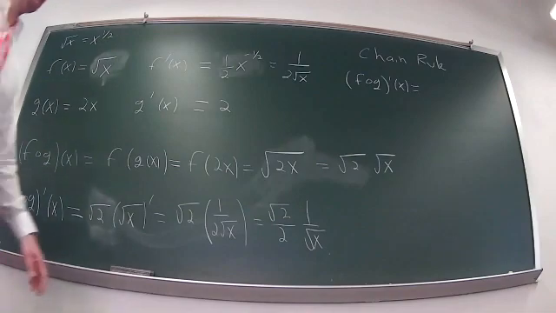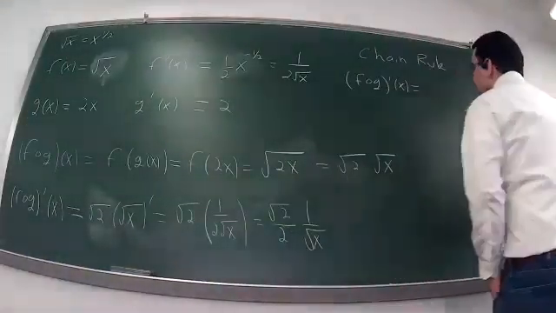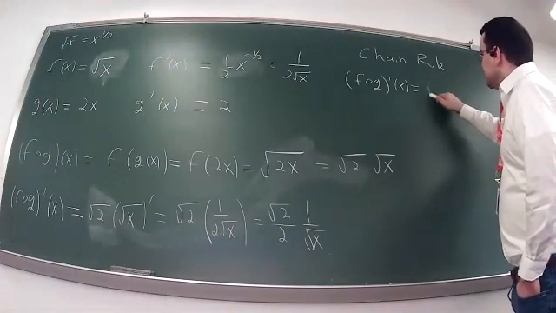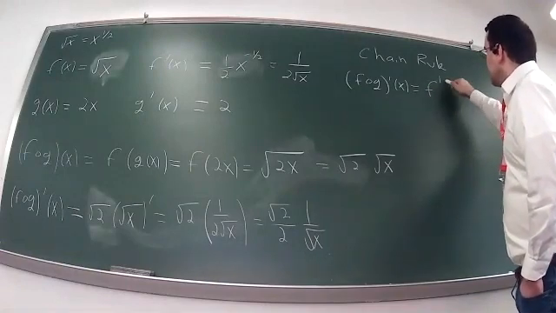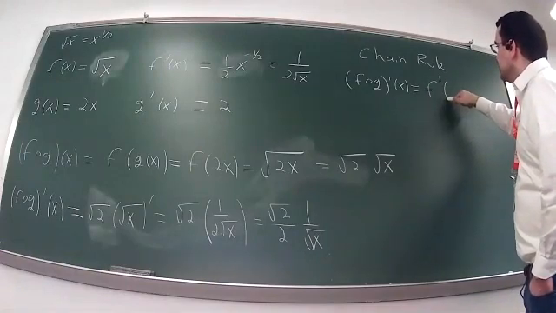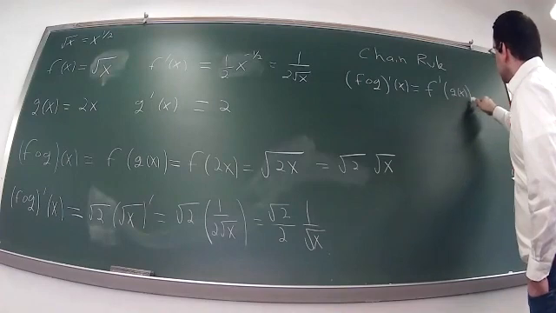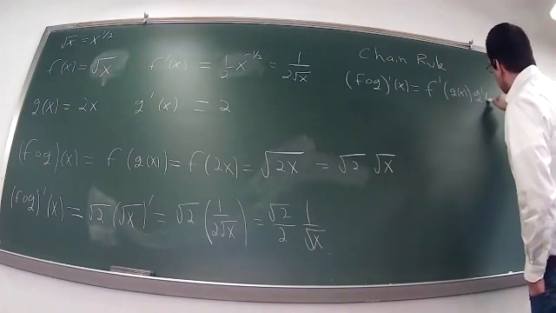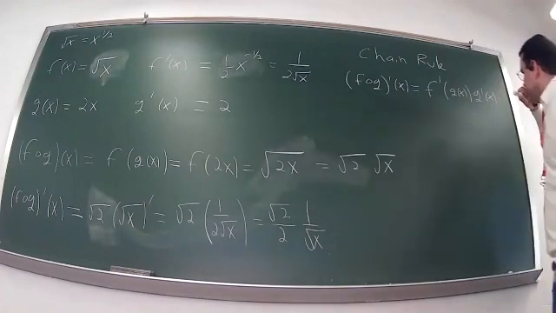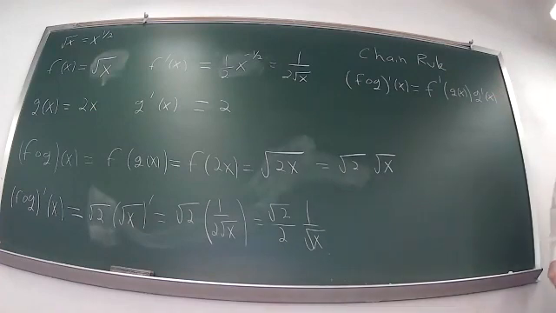And here's what the chain rule says. It says that it's going to be equal to the product of the derivative of f at the point g of x times the derivative of g of x.